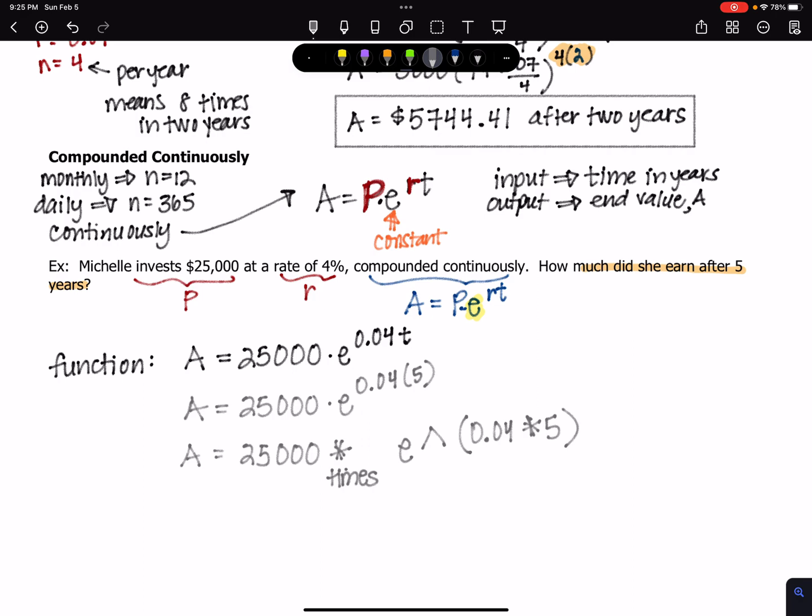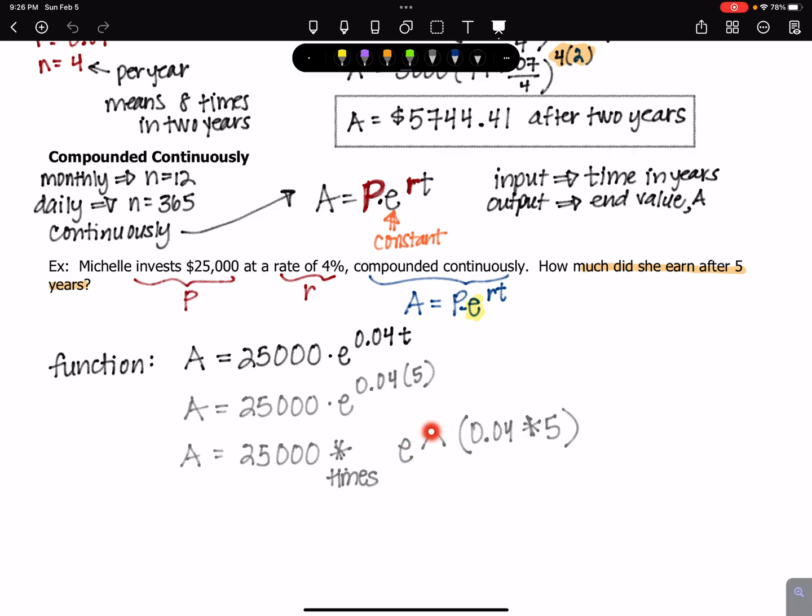So I put parentheses around that multiplication, that product, to ensure that all of 0.04 times 5 is in the exponent. Some of the calculators now show you what's in the exponent, so it's not that much of an issue, but in case your calculator does not show you what's in the exponent, and it shows you the upper caret, that's it right there.